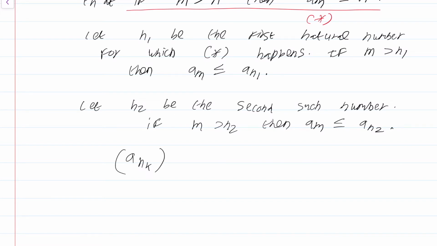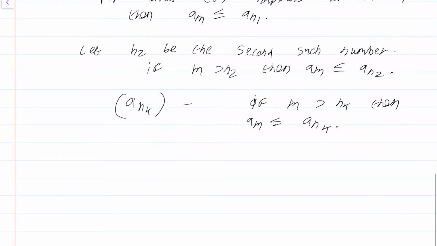What is the special property of this subsequence? Well, if m is greater than n_k, then a_m is less than or equal to a_{n_k}. In other words, by construction, a_{n1} is greater than or equal to a_{n2} is greater than or equal to a_{n3}, and so on.